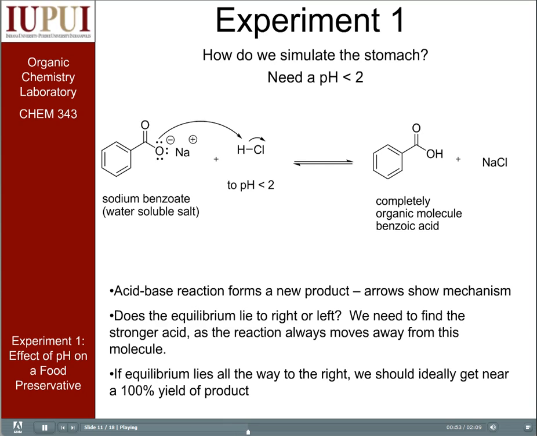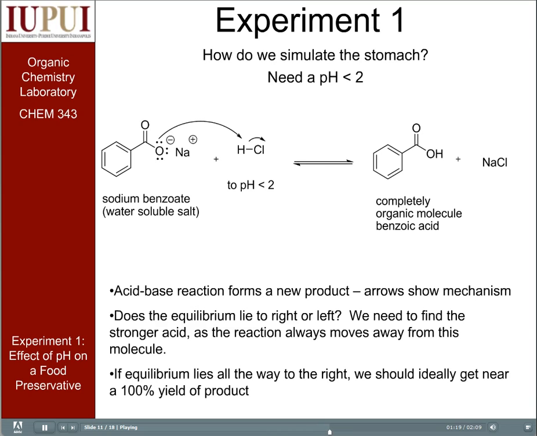Now that organic salt, the water-soluble salt on the left, turns into a completely organic molecule called benzoic acid. So now this becomes a chemical reaction. Even though it's simple acid-base, it's a chemical reaction that's occurred. You'll also notice that there are some curved arrows. If you're in lecture right now, you're probably learning about mechanisms.